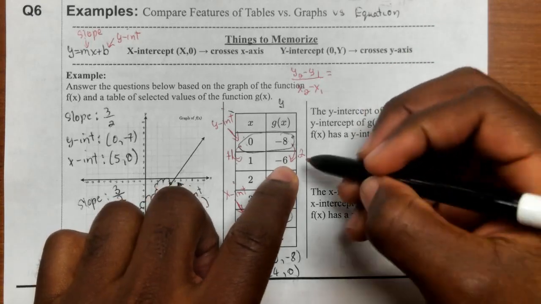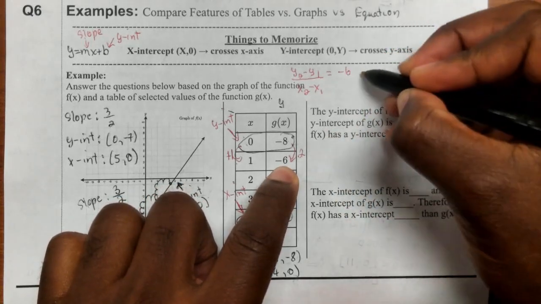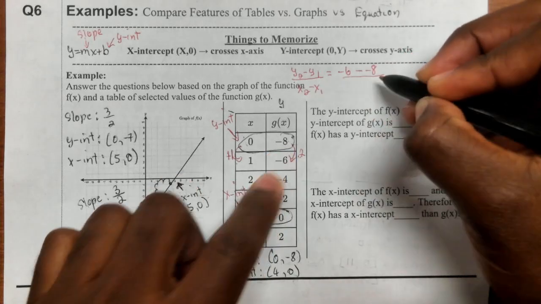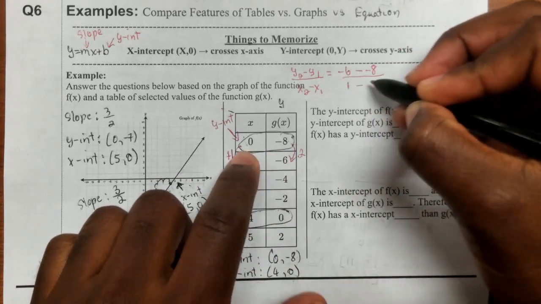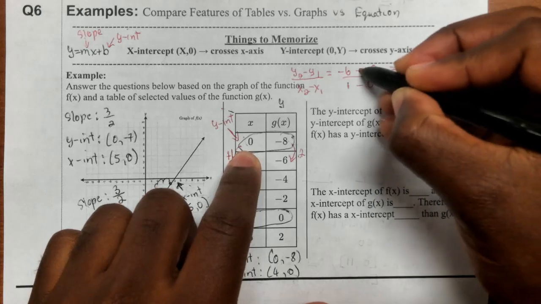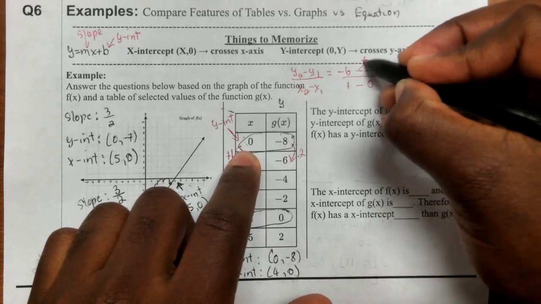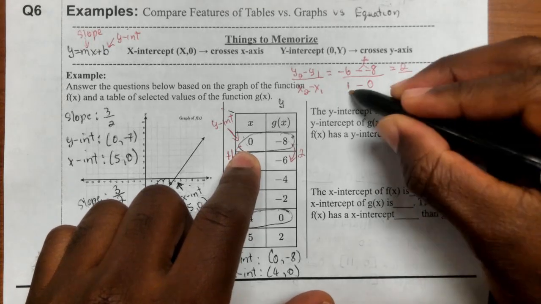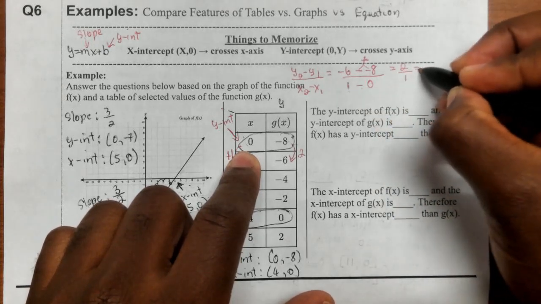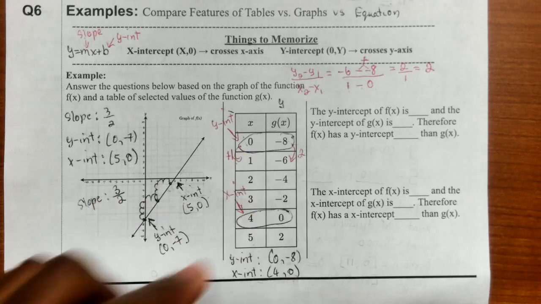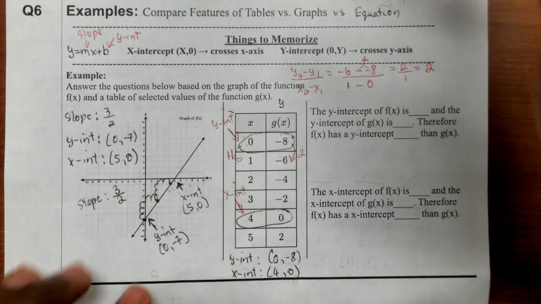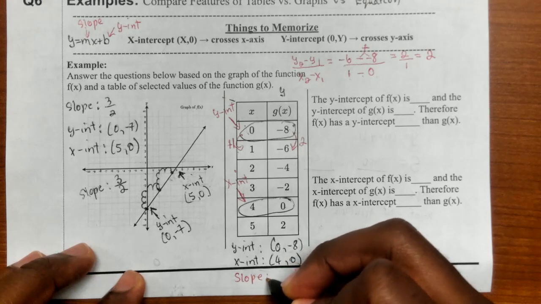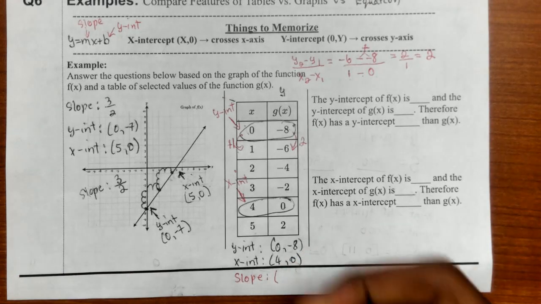The y2 is the second y value, -6, minus my first y value, -8, divided by x2, which is 1, minus my x1, which is 0. Here, a negative of a negative turns into a positive, so -6 plus 8 is positive 2. 1 minus 0 is 1. 2 divided by 1 is 2. So the slope would be 2.